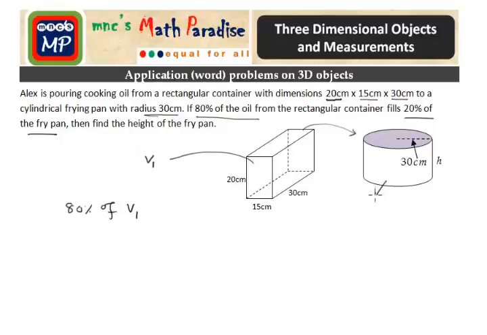If this frying pan's volume is V2, then this will be equal to 20% of this volume V2. So 80% of this rectangular container's volume will be equal to 20% of the cylindrical frying pan's volume.